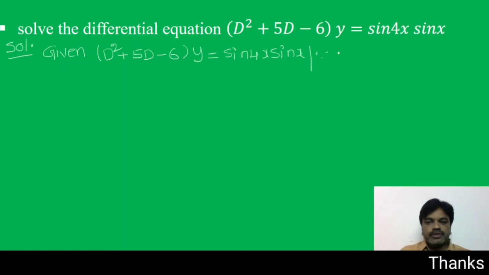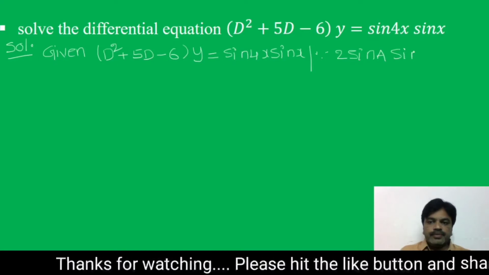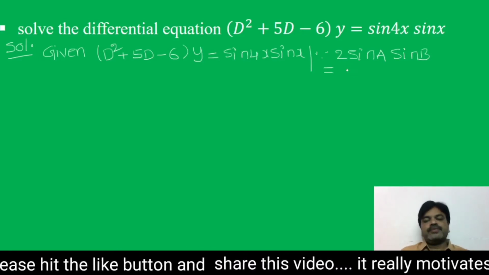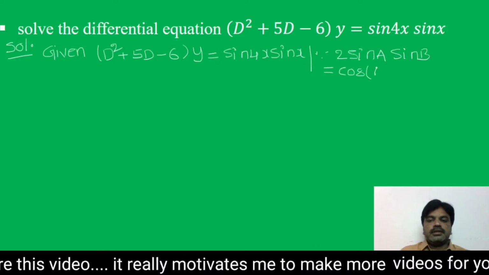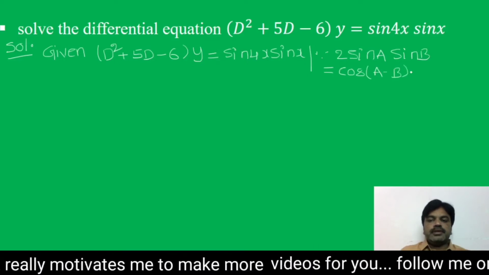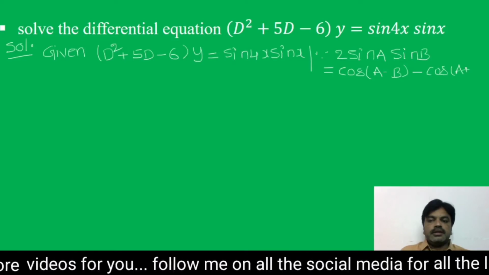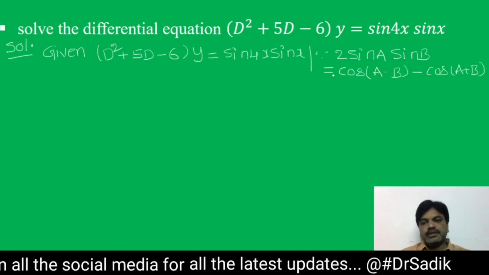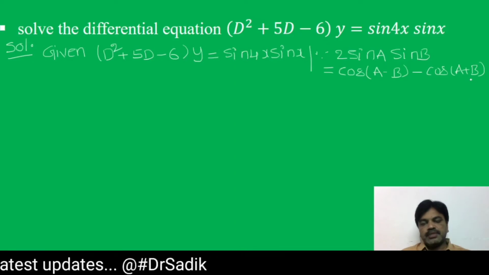What is the formula? 2 sin a sin b equals cos(a minus b) minus cos(a plus b).